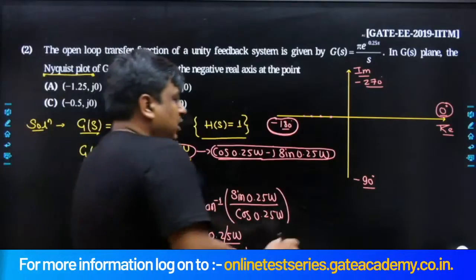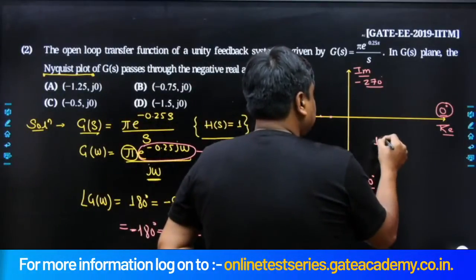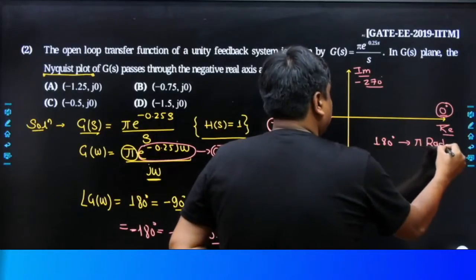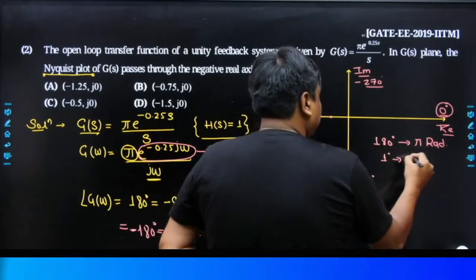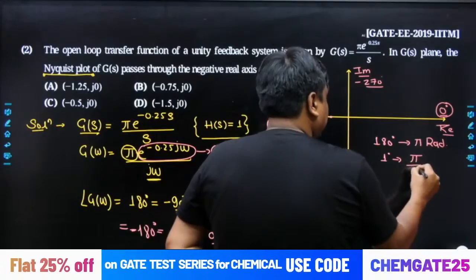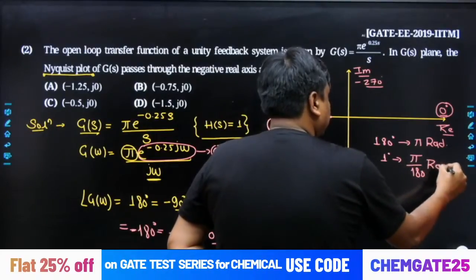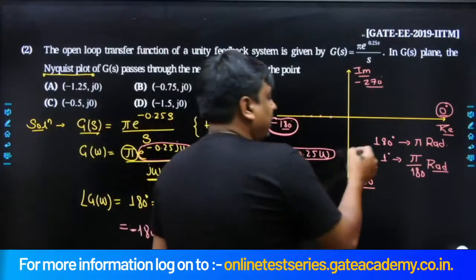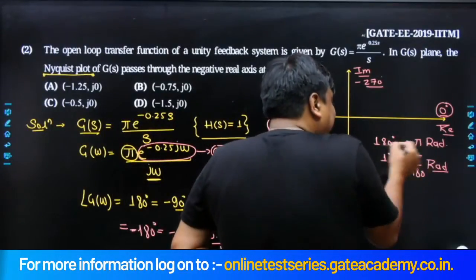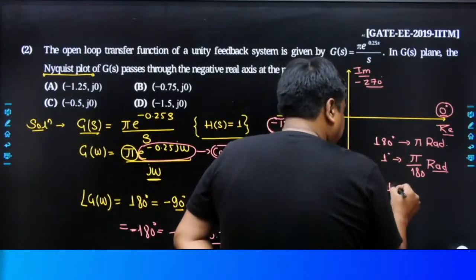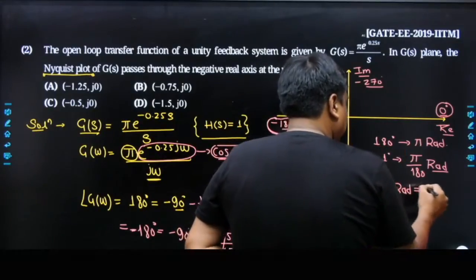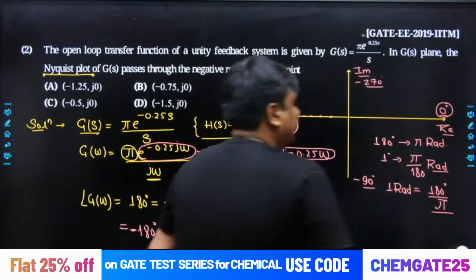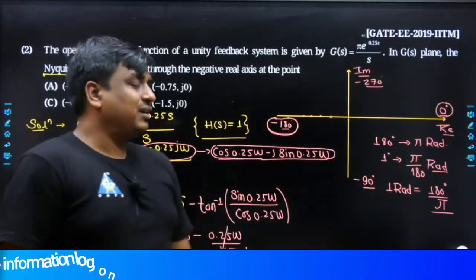We know 180 degree is equal to pi radian, which we know already. So obviously 1 degree is simply going to be pi divided by 180 radian. Or in another way I can say, pi radian is equal to 180 degrees, so 1 radian is equal to 180 degree divided by pi.